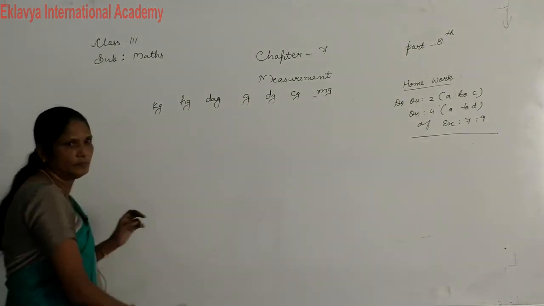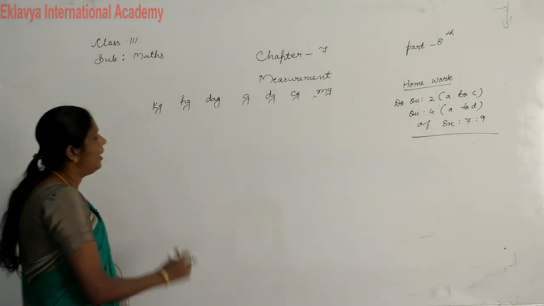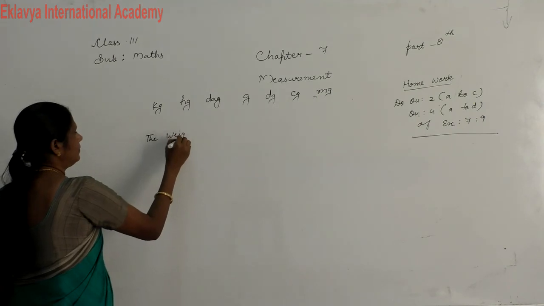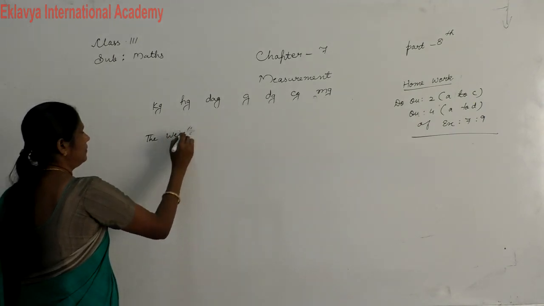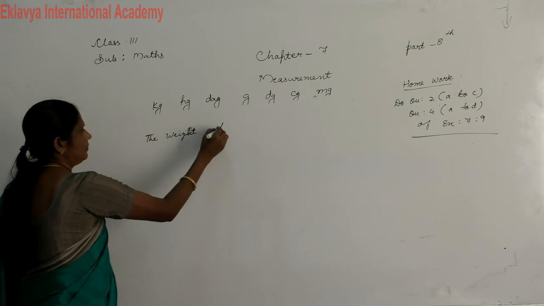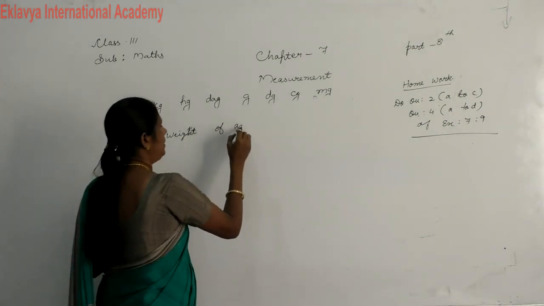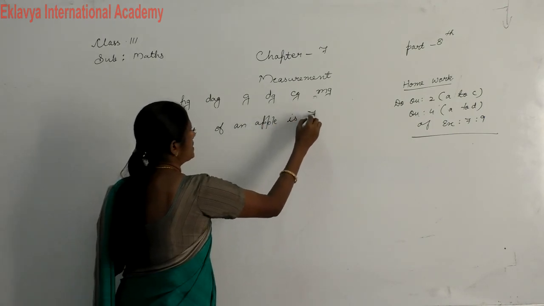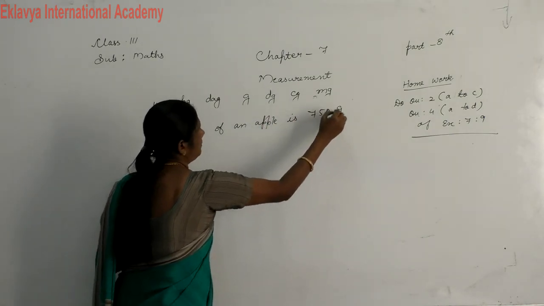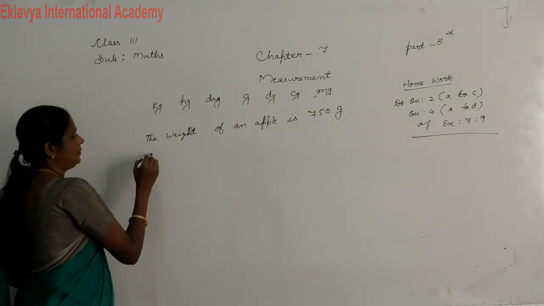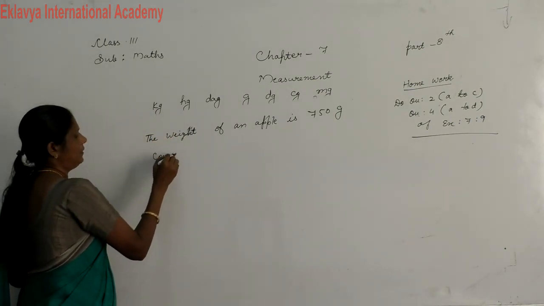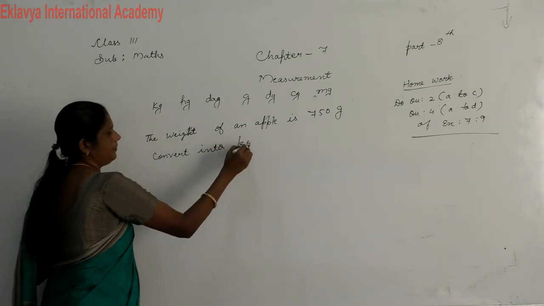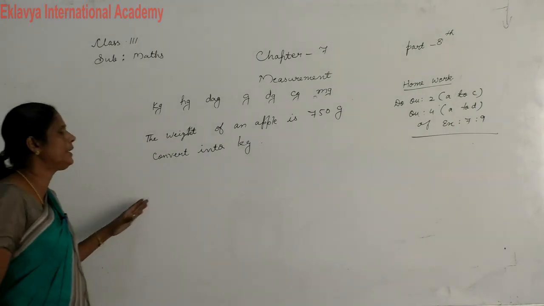The weight of an apple is 750 gram. Convert into kg.